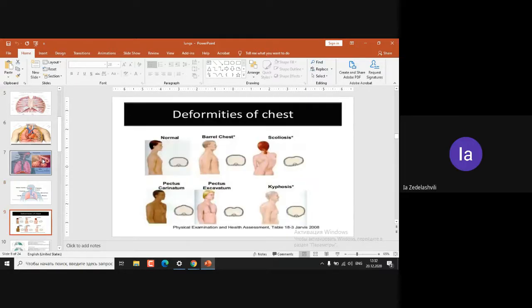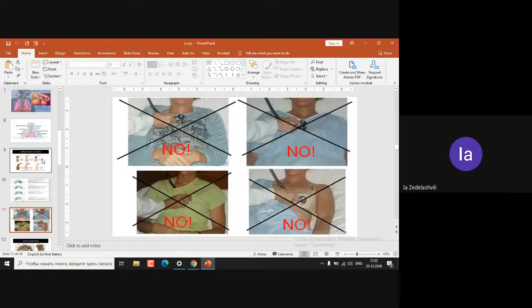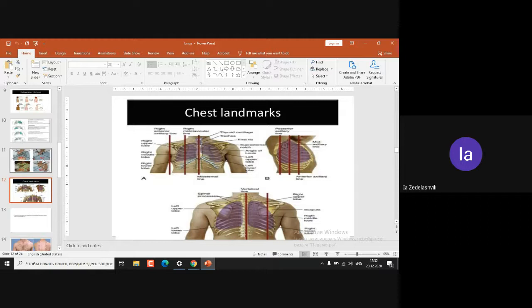So regarding deformation of the chest, we spoke about changes in the trachea, displacement of it to the side, normal and abnormal. We should not percuss over some tissues because they produce a specific sound which can be mistakenly taken by us.